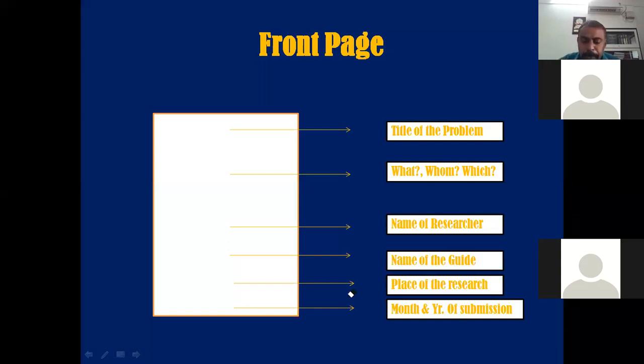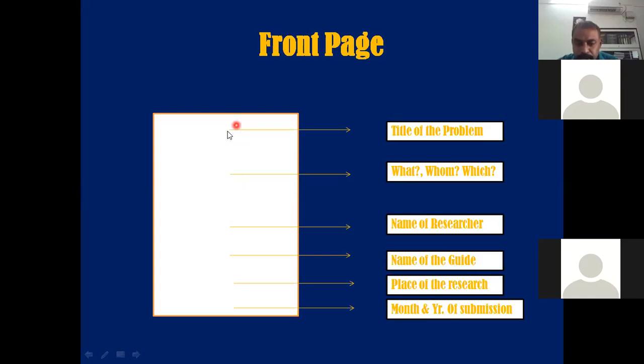So on the front page, this is the title of the problem. Whatever the research statement of the problem, it will be put on the top side of the page. Remember that.